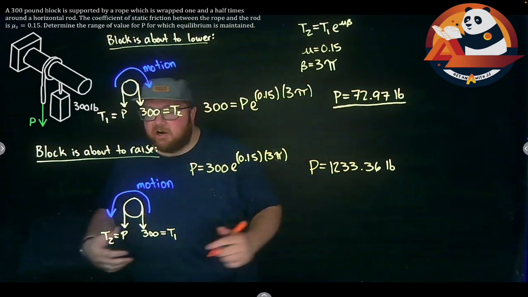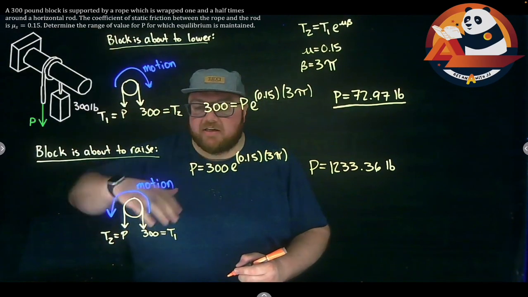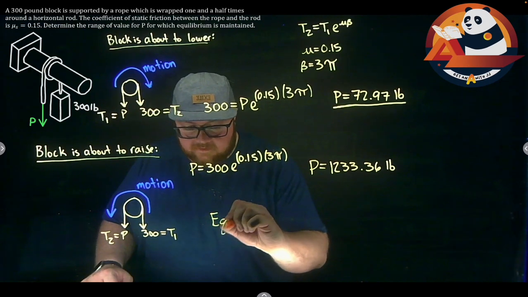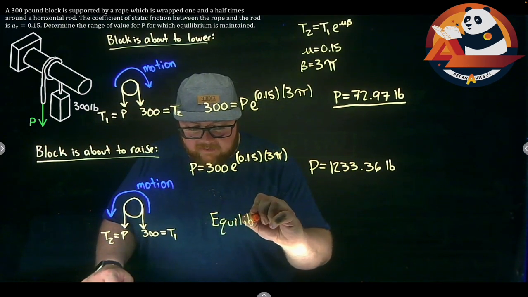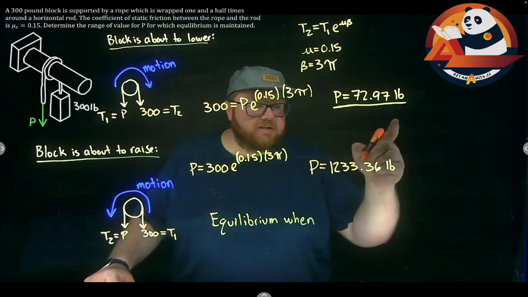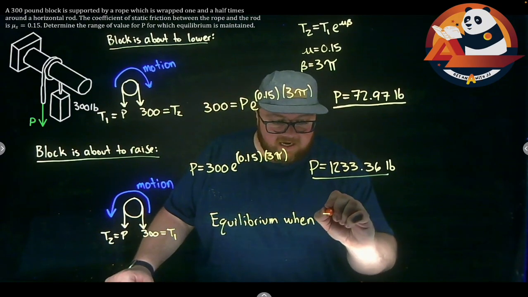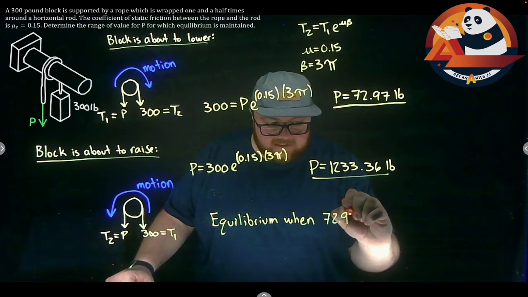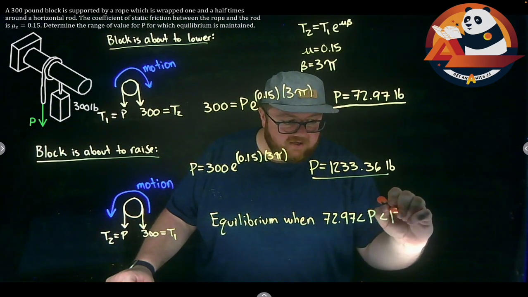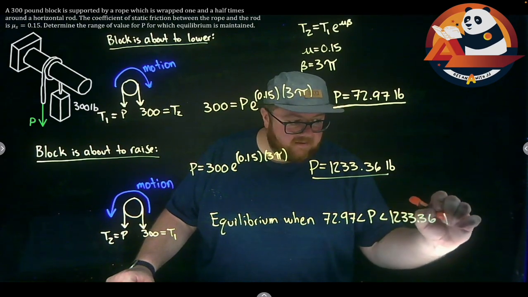Anything in between there, though, I'm in equilibrium. So my answer, what's my range of values for equilibrium, is that we get equilibrium when 72.97 is less than P, which is less than 1,233.36 pounds.